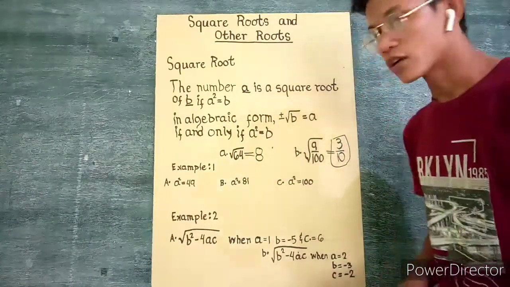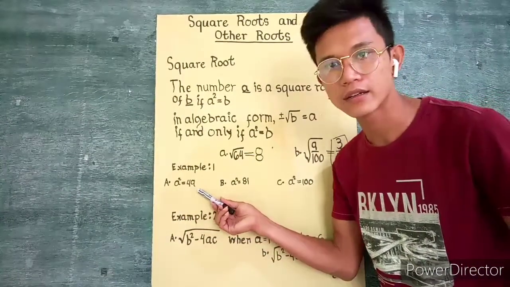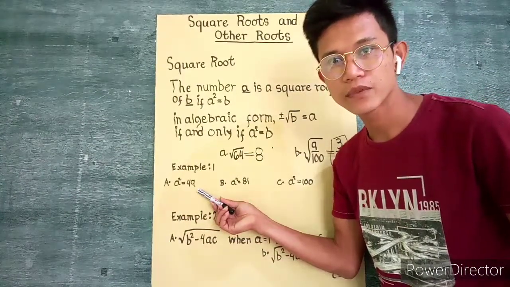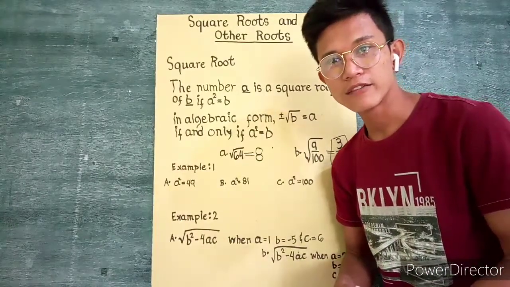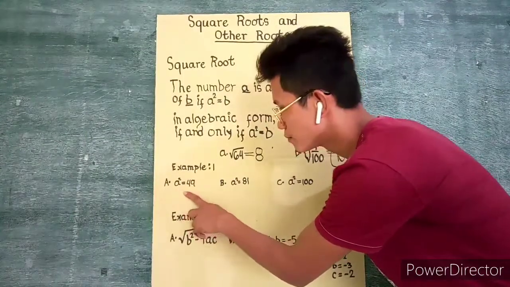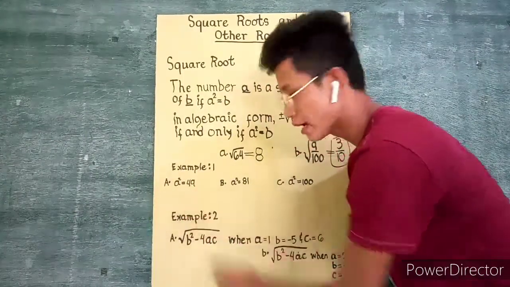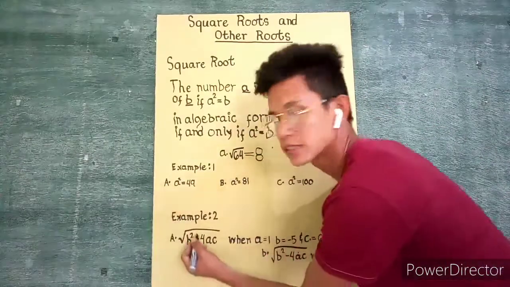What if we are going to solve A squared equals 49? We are going to extract a square root, okay? Very good. So in this example, A squared equals 49. We are going to extract the square root.